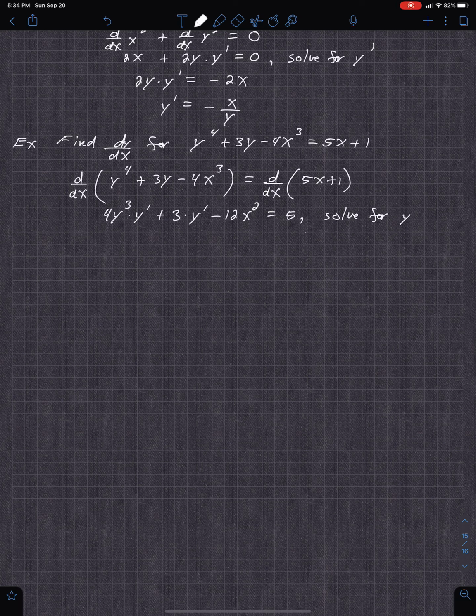You get y prime factored out, 4y cubed plus 3, equal to 5 plus 12x squared. y prime equals 12x squared plus 5 over 4y cubed plus 3.